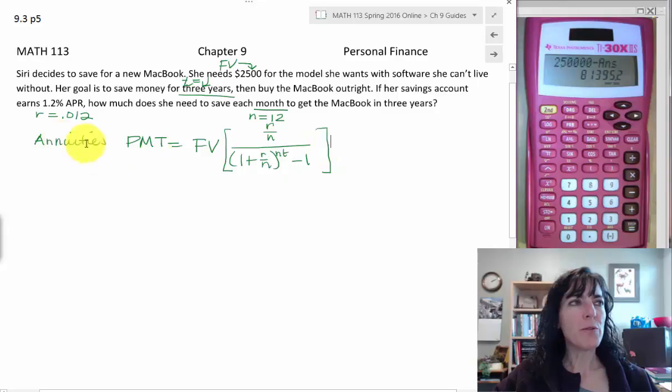So we need that formula that solves for the payment equals the future value. So there's our future value times the quantity R over N over the quantity 1 plus R over N raised to the NT power, all of that minus 1.